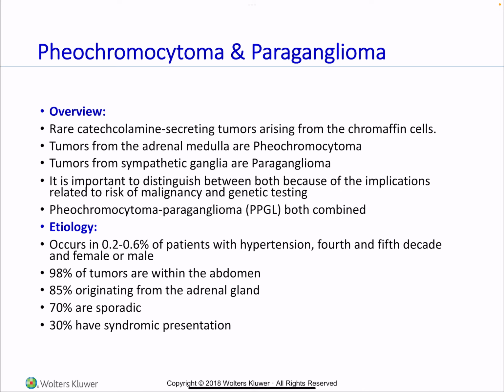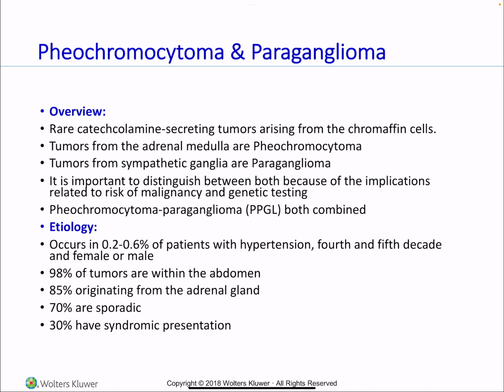So, pheochromocytoma and paraganglioma are two conditions that are very rare and that have to do with the adrenal glands. So these are rare catecholamine secreting tumors that arise from the chromaffin cells. Tumors from the adrenal medullas are called the pheochromocytomas, and tumors that are from the sympathetic ganglia are called paragangliomas.